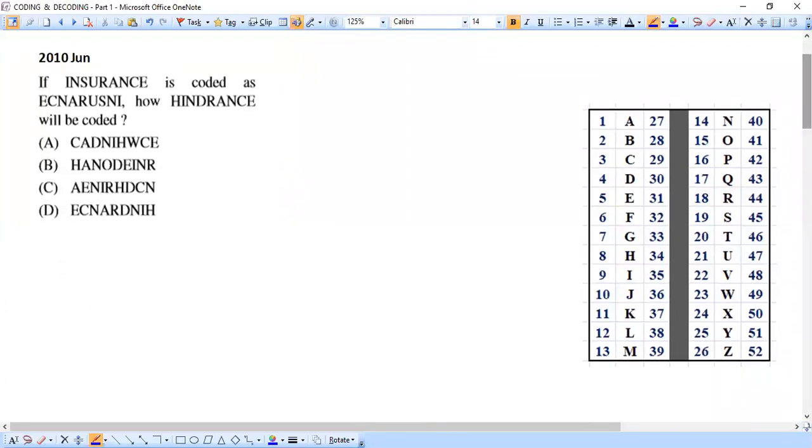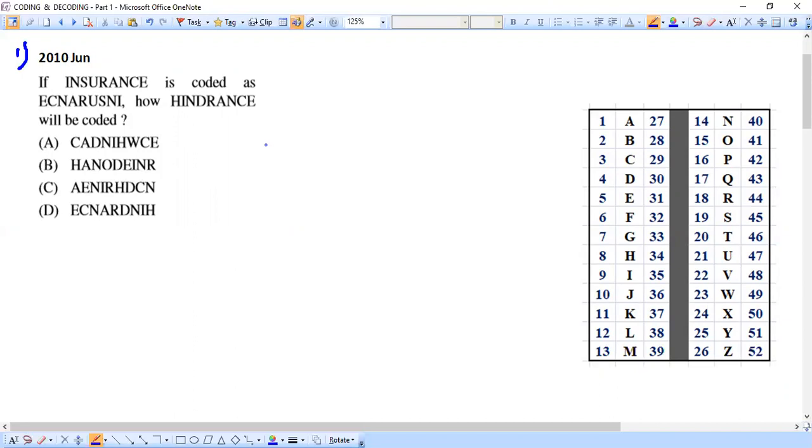Coming to question number 1. This question is from the year 2010, June month. And the question says, if insurance is coded as, we have a code given for that. So let's just note it here. I will take the word here.